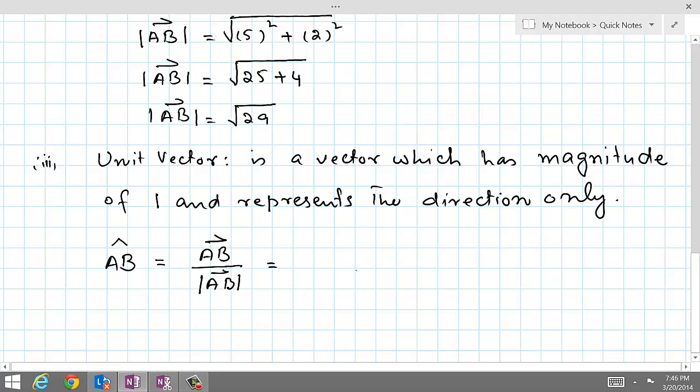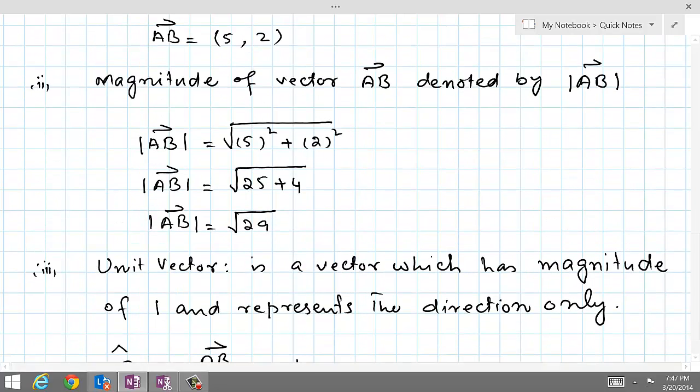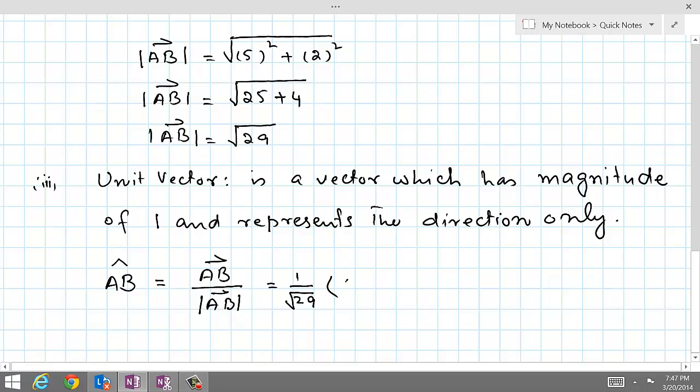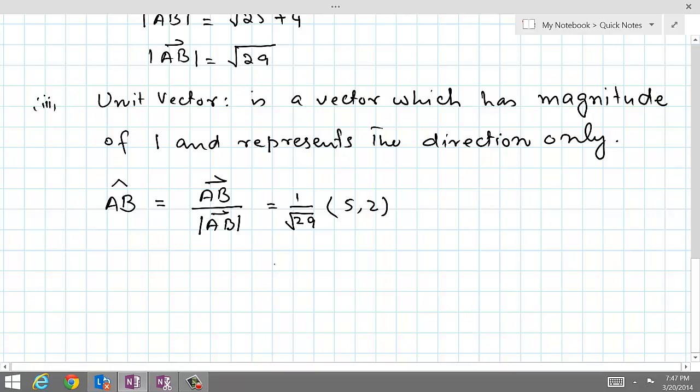What is the magnitude? That is the square root of 29, and the vector AB is 5, 2. Therefore, this unit vector is in fact equal to 5 over root 29, comma 2 over root 29. So this is a unit vector in the direction of given vector AB.